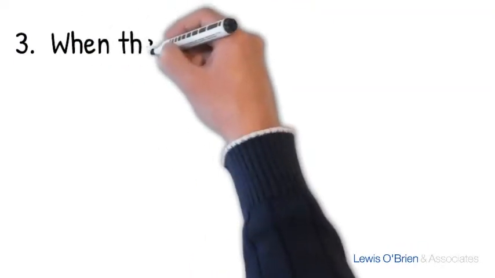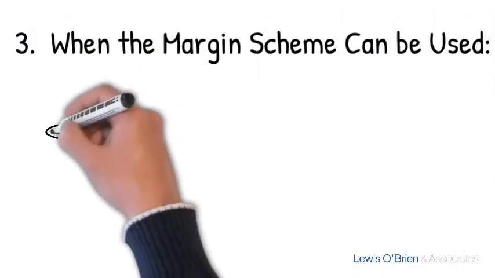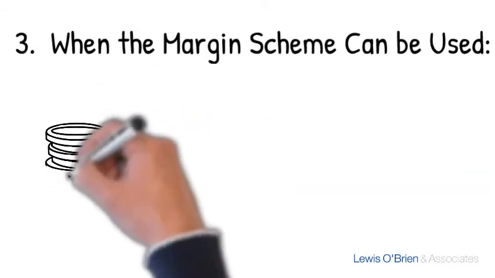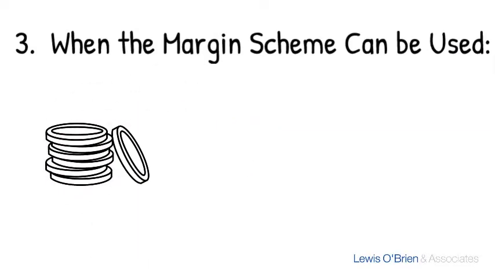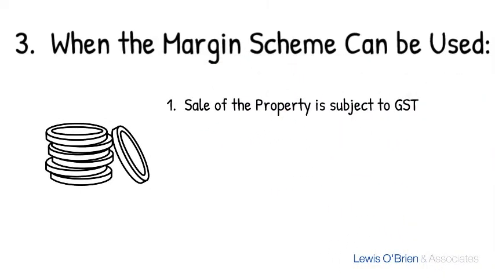For anyone that's a little excited by the $45,000 GST saving, let's explore fairly carefully when the margin scheme can be used, because I think you'll see that it's more of a corrective measure rather than a tax benefit for developers. So the first requirement to apply the margin scheme is that the sale of the property obviously must be subject to GST.